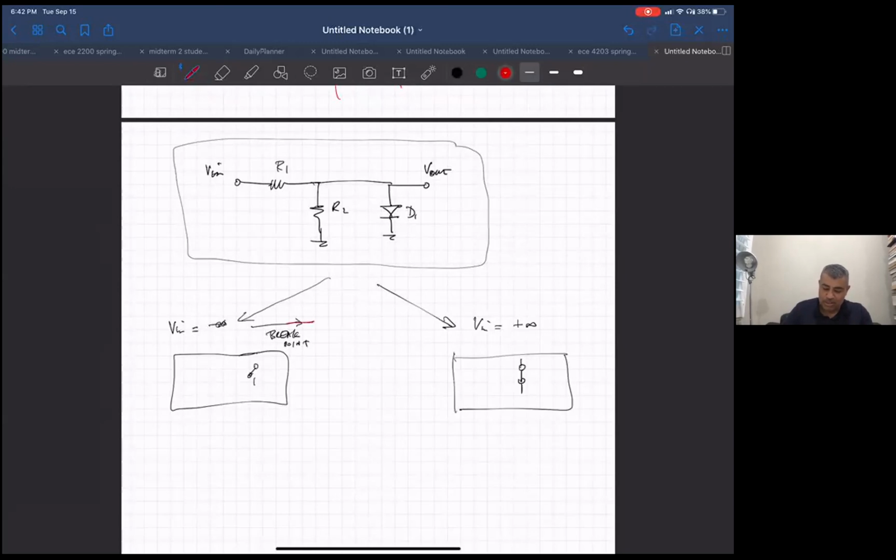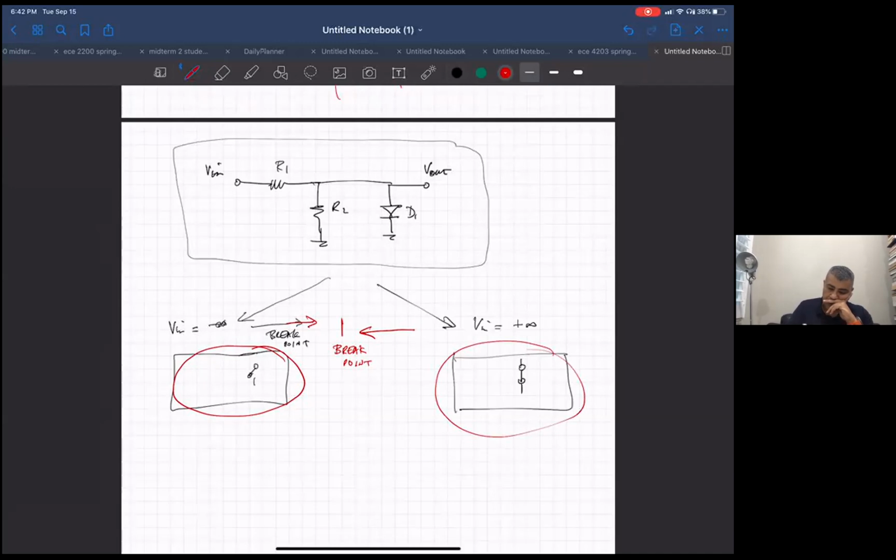Okay, from Vn being minus infinity to the breakpoint, we have this circuit, and maybe we have a single breakpoint. So we've got to figure out what happens.